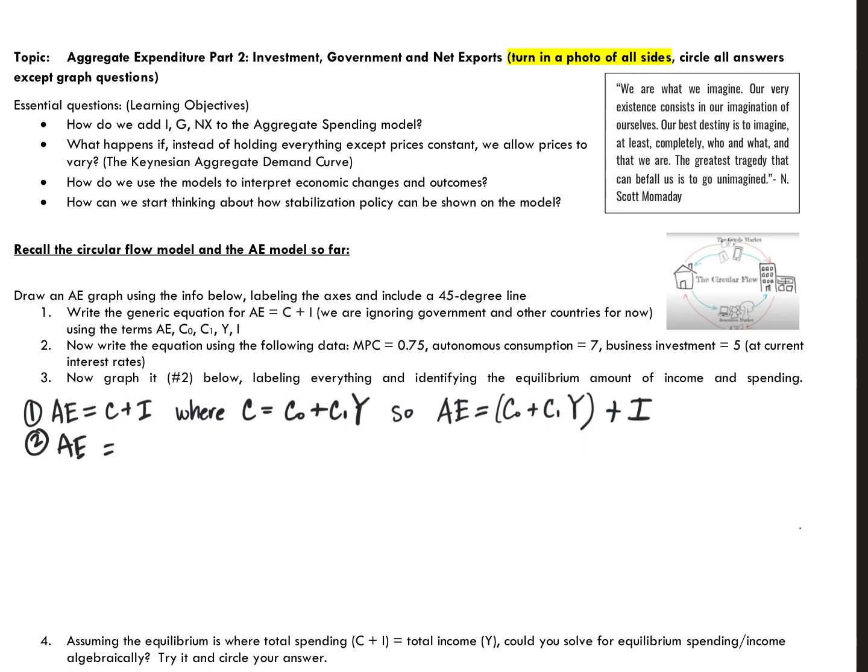Putting it all together with the information we have about your MPC and consumption, we can plug those in: autonomous consumption plus your MPC times income, plus investment, gives us a total aggregate expenditure model with just C plus I. When we combine all the terms, it's 12 plus 0.7 times Y.